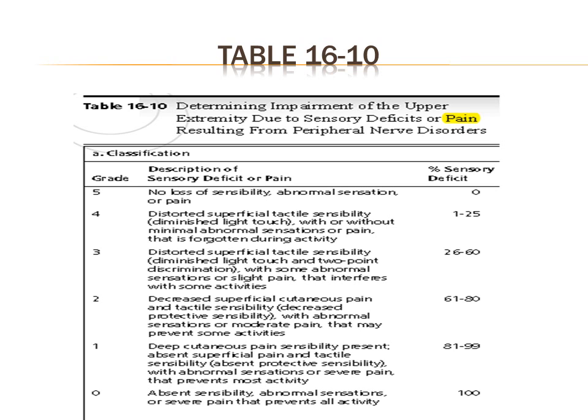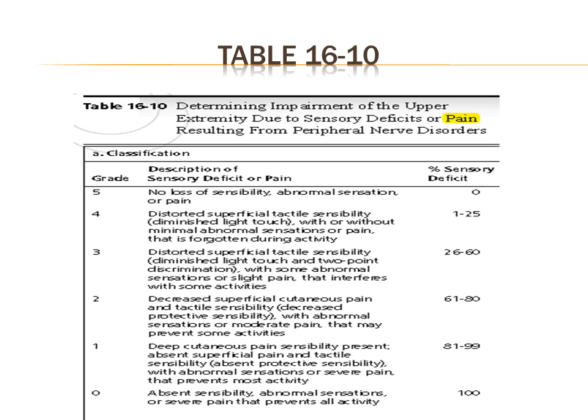I mean, what could it interfere with? Could it possibly interfere with gait? I guess it could, because we need the tactile sensations in order to properly coordinate gait. But we're probably not going to have a lot of interference with gait with a grade 3 sensory deficit.